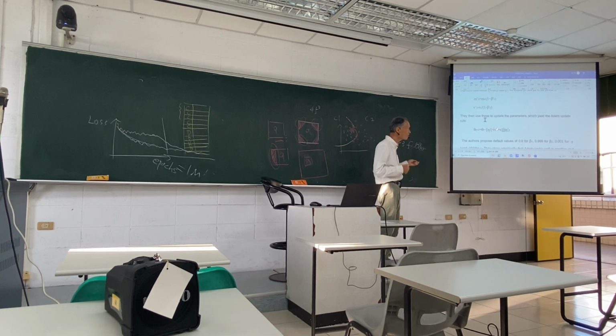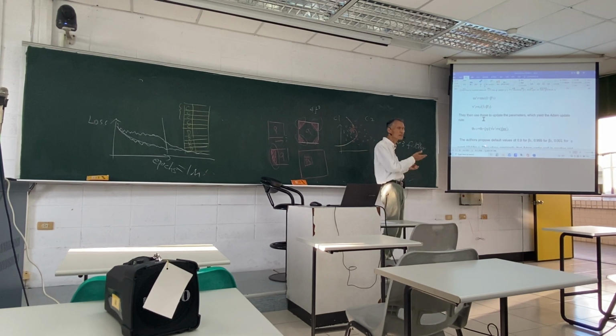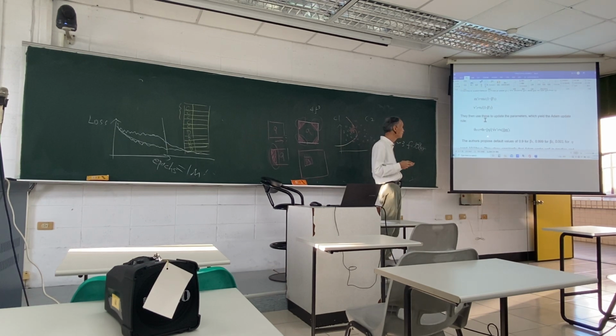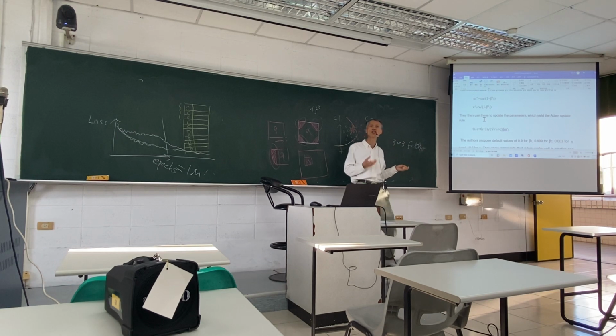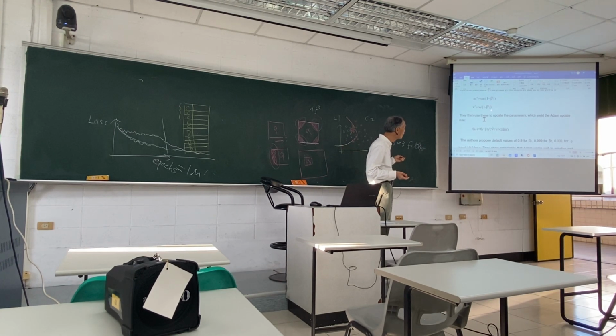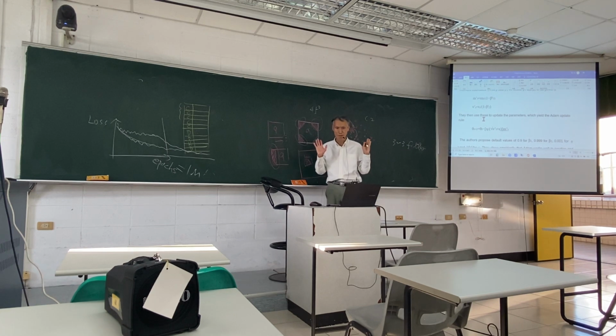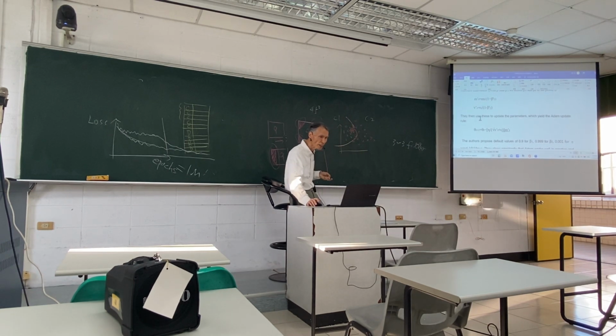Based on the variance or standard deviation. That's it. So it's still a gradient descent, but the learning rate can be adaptive, okay, changed by the moving average of the variance. That's it, okay. So it's highly recommended.